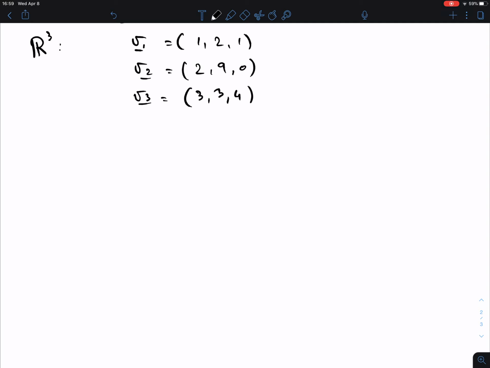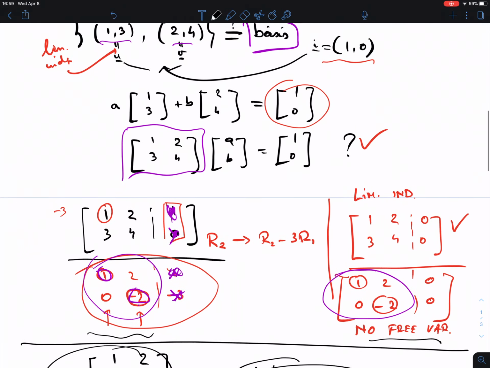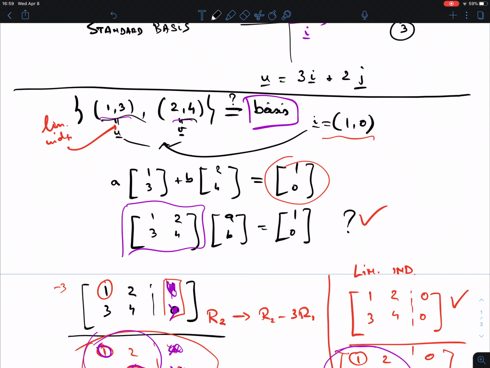Notice you might ask, why are you taking 3 and not 4 or 2? Well, that's something we're not going to cover in detail, but the question is how many elements there are going to be in a basis. In R2, you saw there are two elements in the basis, and we say it's a two-dimensional space.